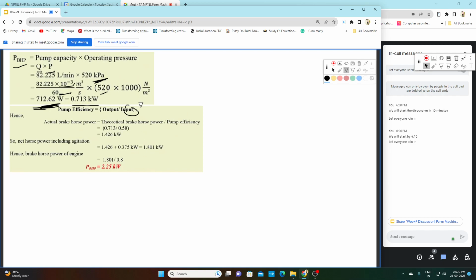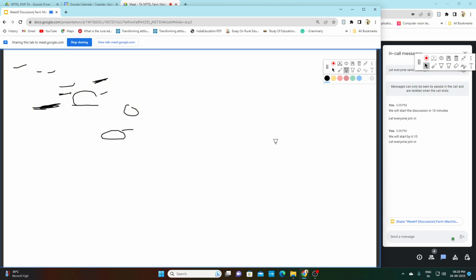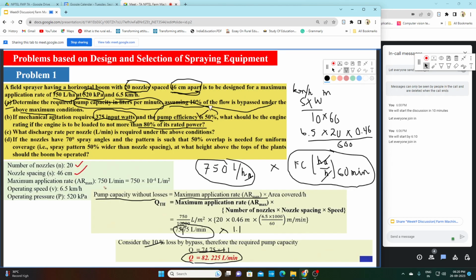Efficiency is output by input, so if you take input to this side, output divided by efficiency will give you your power. So 0.713 we already got, and if we divide it by pump efficiency, that is 50% or 0.5, we will get our actual brake horsepower. Okay, up to this I think it is clear. This pump efficiency we have taken care of.